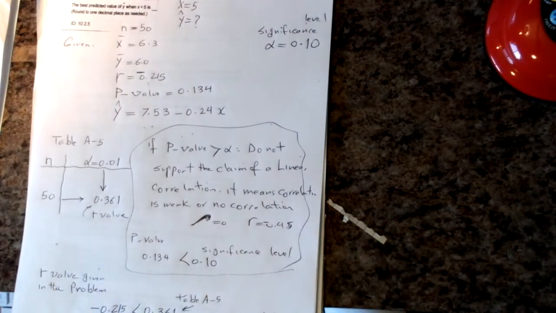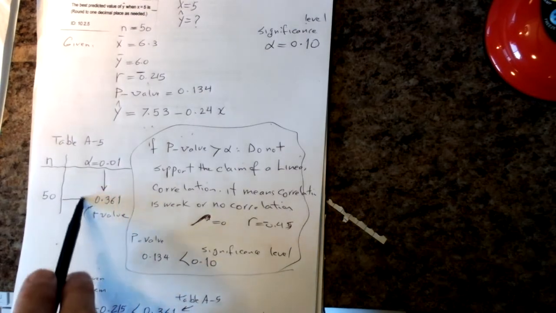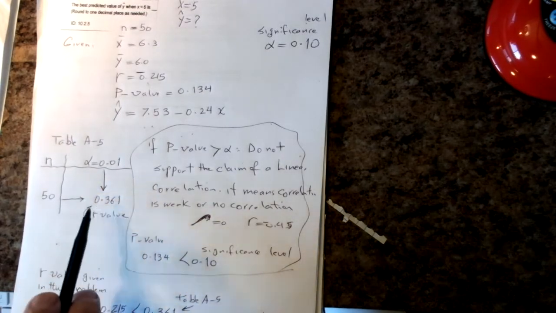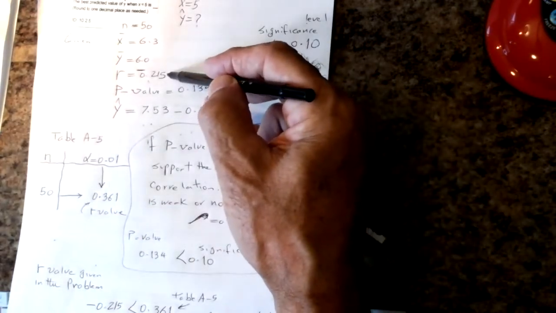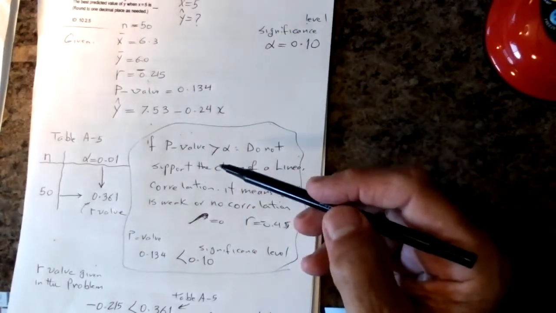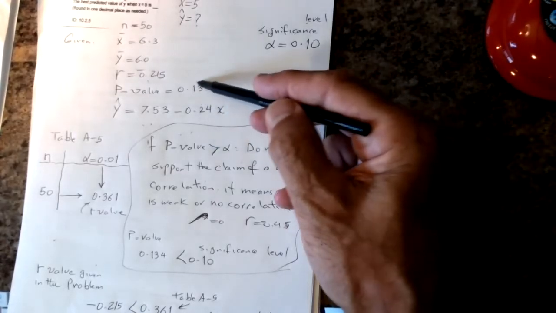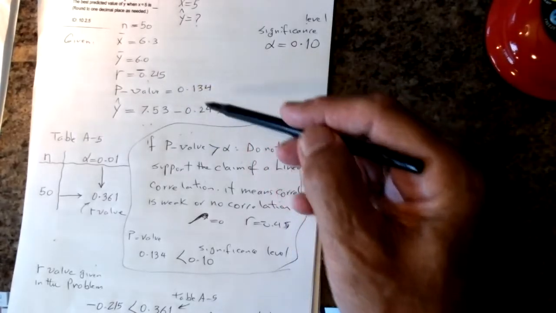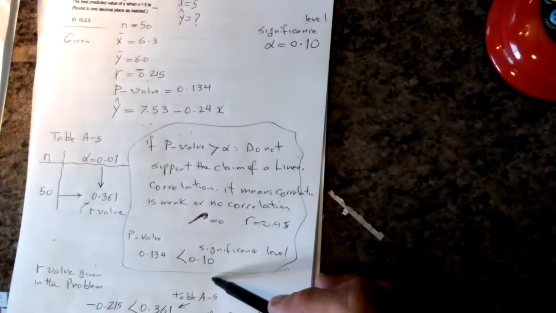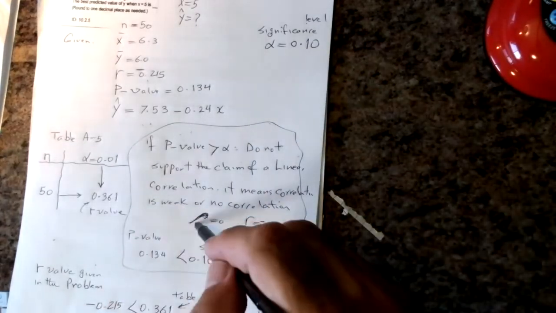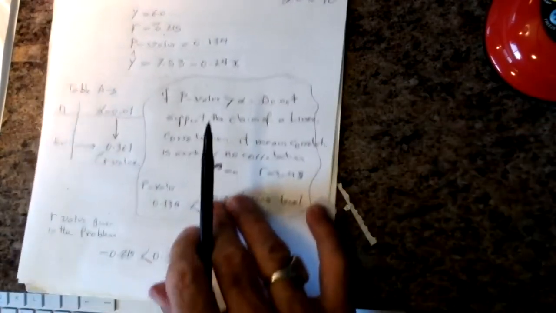From table A5, this is what we have, right? 0.361 means your number must be greater than this. But look, the R value they're giving you is not greater than that. And also the p-value. The p-value given in the problem is 0.134. That one is greater than the alpha given in the problem. For these two reasons, you don't have a good correlation, okay? See here?